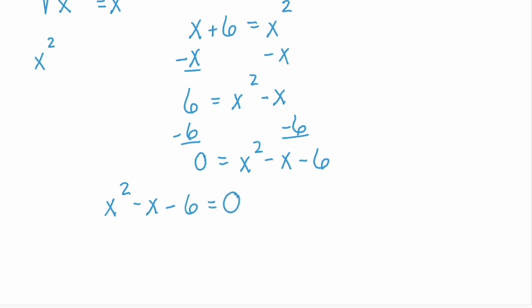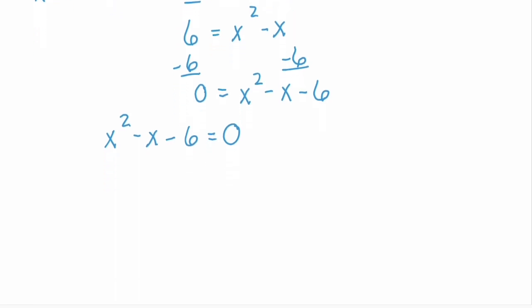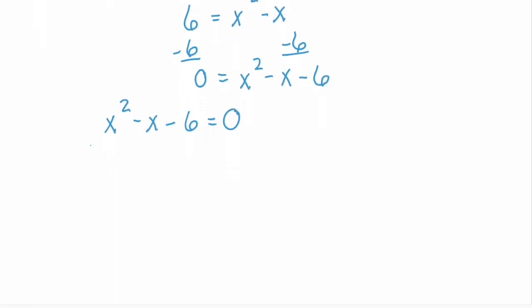And how do you solve a polynomial? You factor it. So we need to factor this polynomial. So remember, we're looking for the two numbers that multiply together to give us -6, but they need to add to give us -1. Those numbers would be what? 3 and 2 multiply to 6.